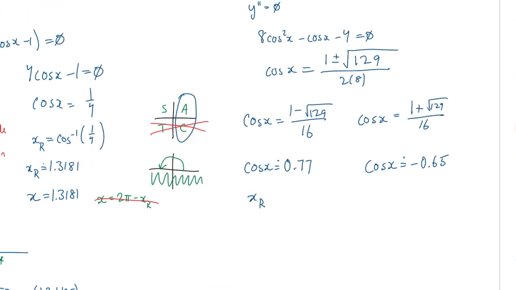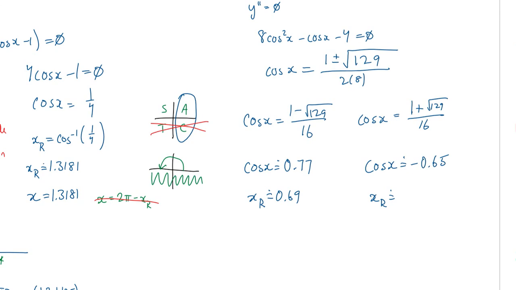So x related, punching this into my calculator, this is the 0.69. And then x related here, remember you drop the negative when you're punching this into a calculator. So you would just do shift cos of 0.65, or actually I would use the exact version in my calculator to do this.